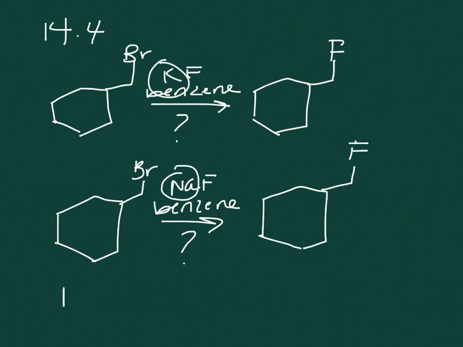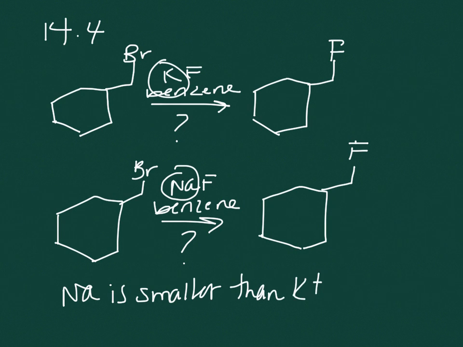The sodium is smaller than potassium. So Na+ is smaller than K+. So here you need a larger crown ether, such as 18 crown 6. And here you could use a smaller one, such as 15 crown 5.